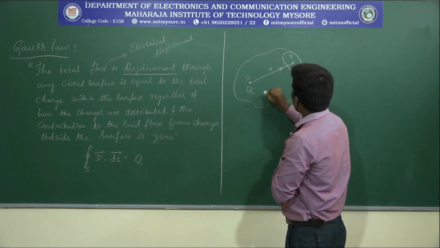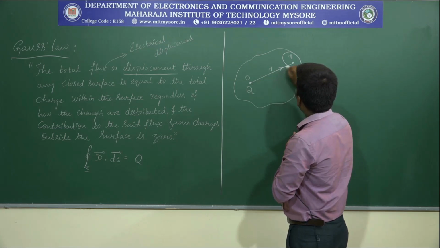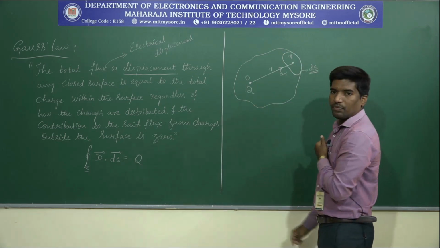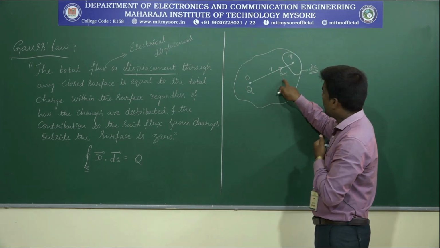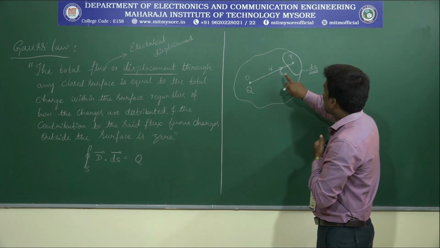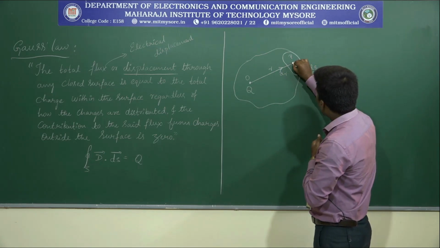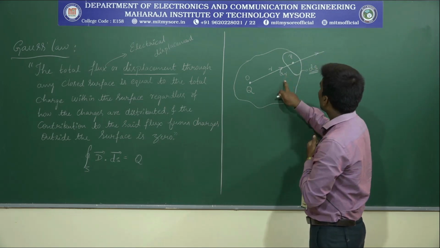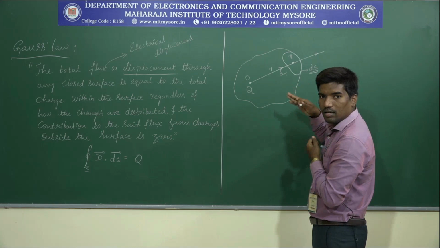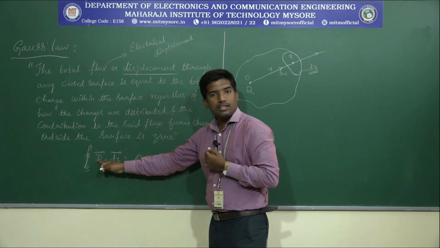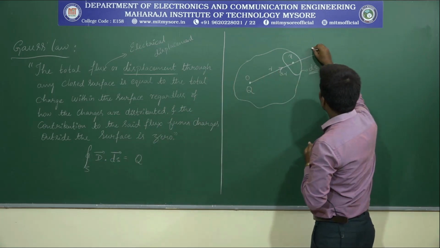This vector is acting along the line OP, where A cap r is the unit vector acting along the line O to P. Then the electric field intensity also acts along this line. We know that the unit vector and electric field intensity are in the same direction. Also, the electric flux density D acts along the same line.